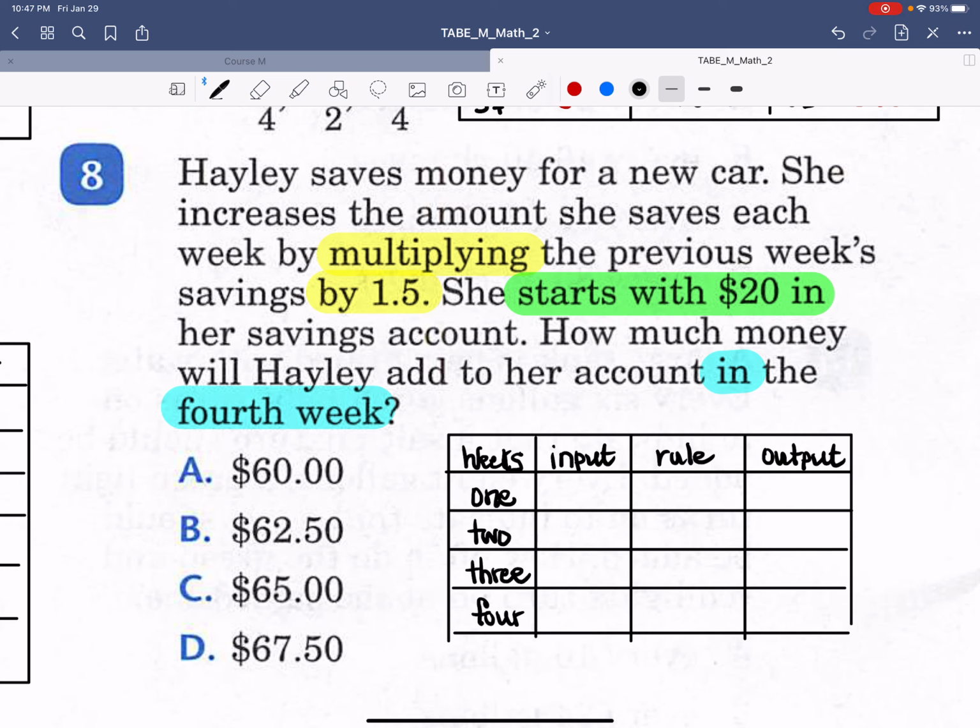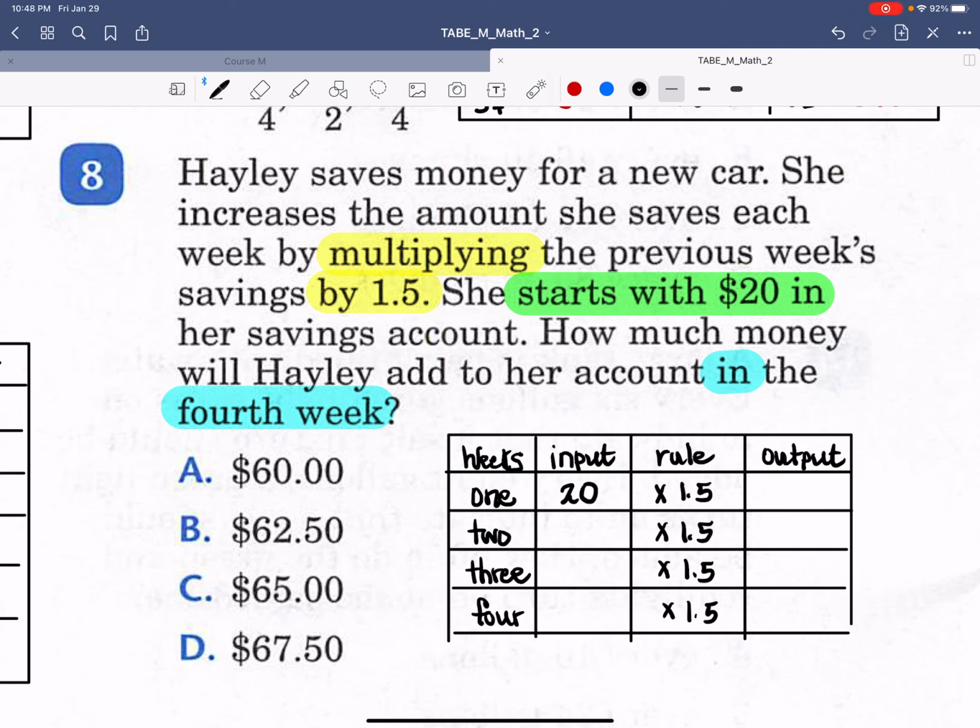And the rule, they tell me, is times 1.5. So I will be using my calculator on this one. I don't want to have to multiply that by hand. And it says she starts with $20 in her savings account. So that would be the first input. Alrighty, let's go for that calculator. We've got 20 times 1.5.